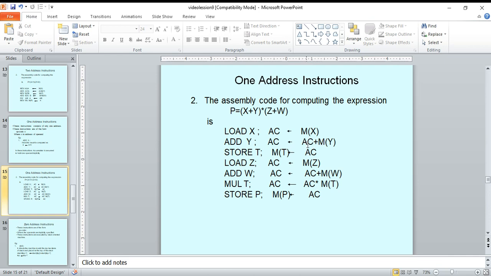It adds the two values, one in the accumulator register and one in memory location y. After performing the operation, the result is once again placed into the accumulator register.